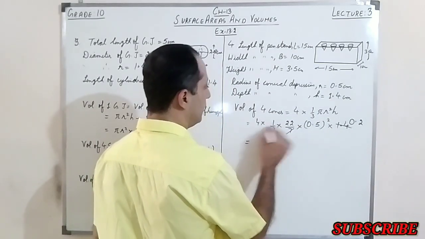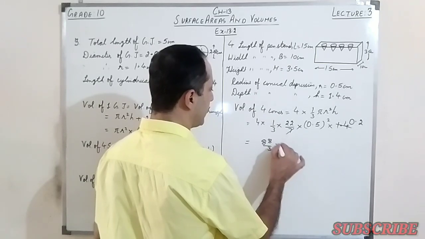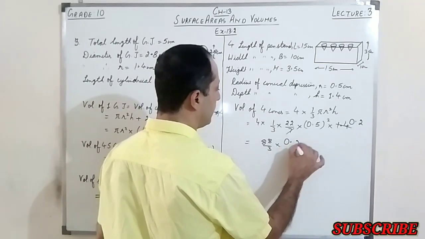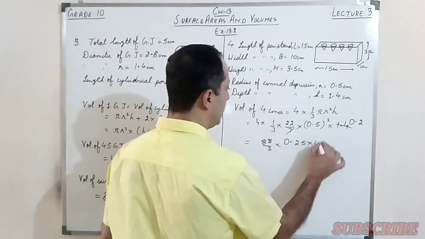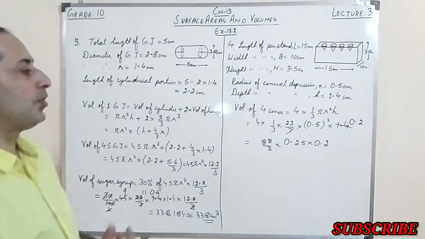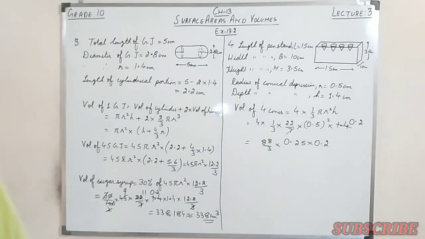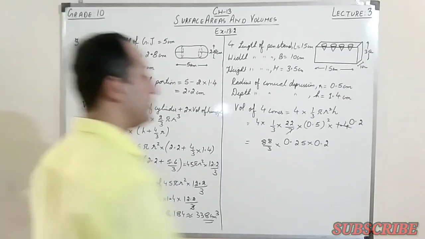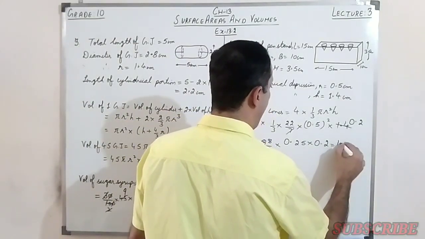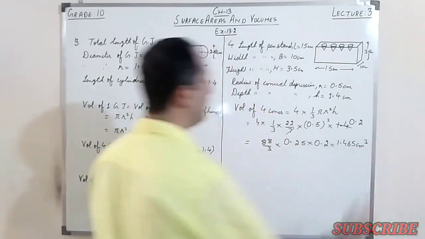So this is 4 into 22 is 88 upon 3 into 0.25 multiplied by 0.2. So 0.25 into 0.2 becomes 0.05, right? And after multiplying this, we get it as 1.465 centimeter cube after dividing by 3 also.